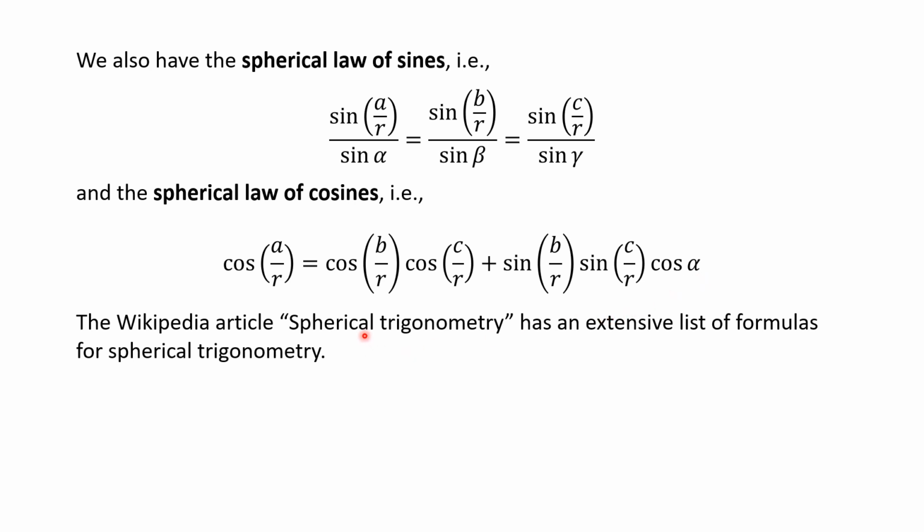I've just shown you a couple of them, just to make the point that we can do trigonometry on a sphere, and it's been well developed in the literature. There's a Wikipedia article, I'll give you the link to this, called Spherical Trigonometry, and it has an extensive list of trigonometric formulas for triangles on a sphere.